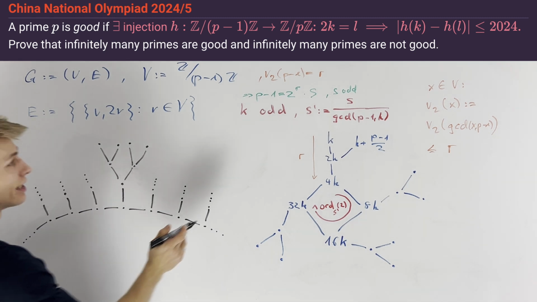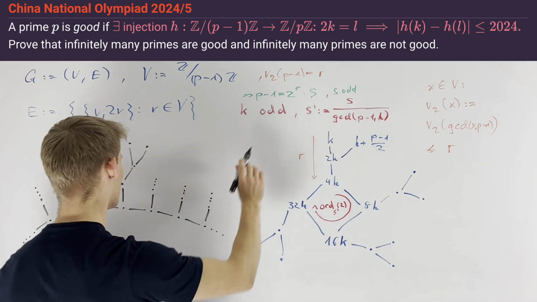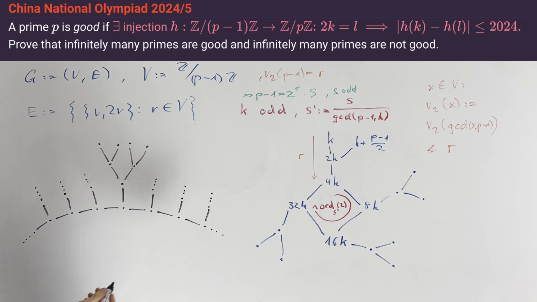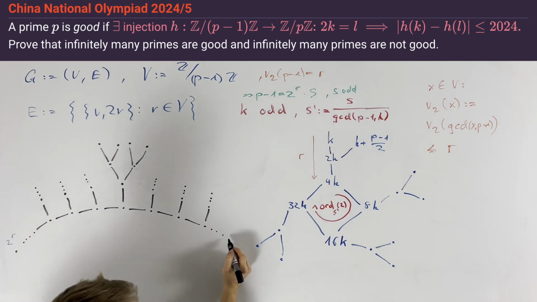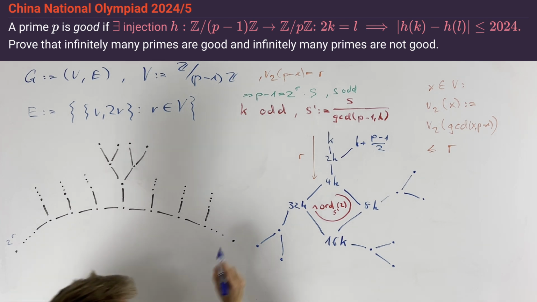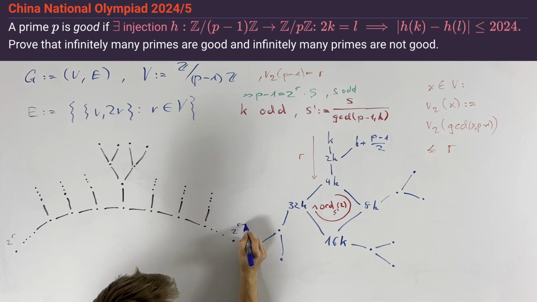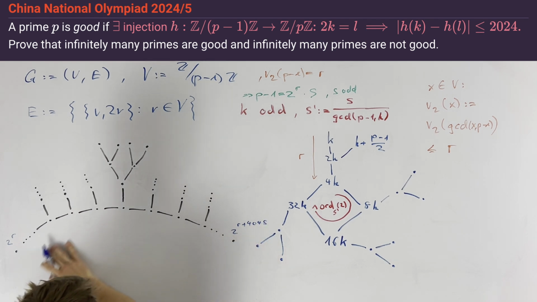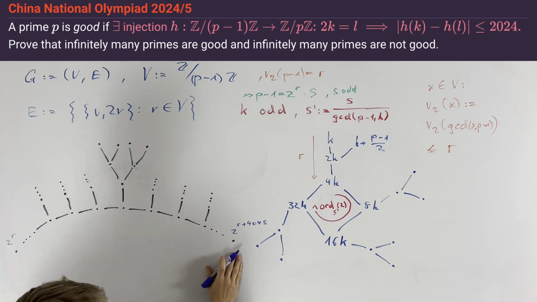If we are in the case that the order of 2 modulo s is greater than or equal to 4049, we know that we can find all the vertices 2 to the power of r, 2 to the power of r plus 1, and so on up to the vertex 2 to the power of r plus 4048 in one circuit, and all these vertices are distinct.